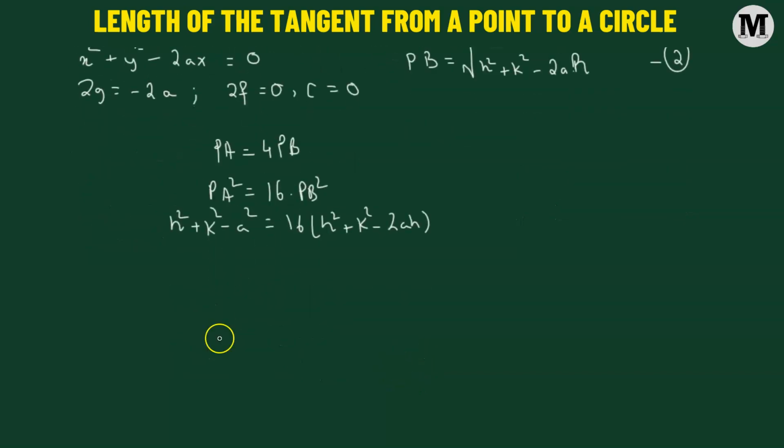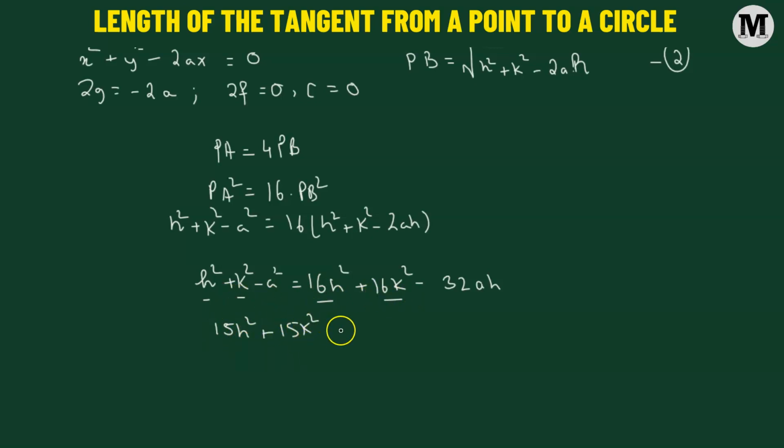Now we will get h squared plus k squared minus a squared equals 16h squared plus 16k squared minus 32ah. So 16h squared minus h squared will be 15h squared. 16k squared minus k squared will be 15k squared. Then we have negative 32ah plus a squared equals 0.